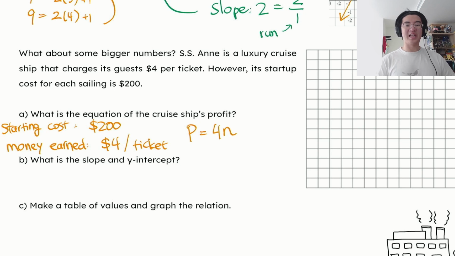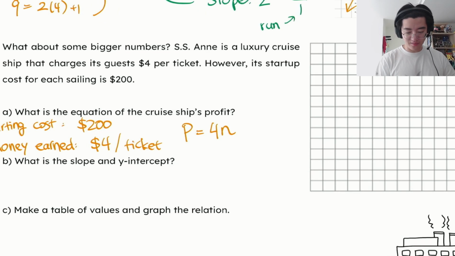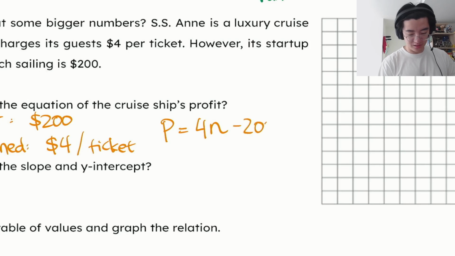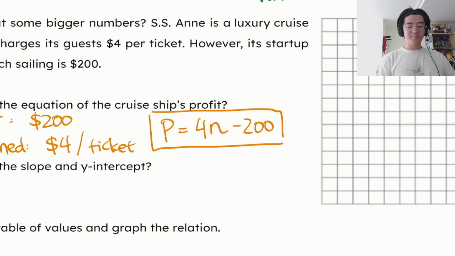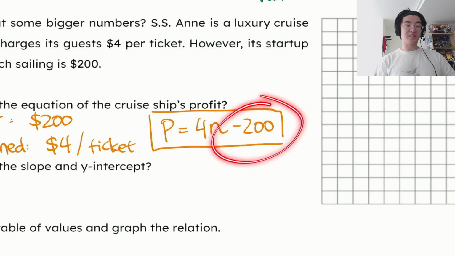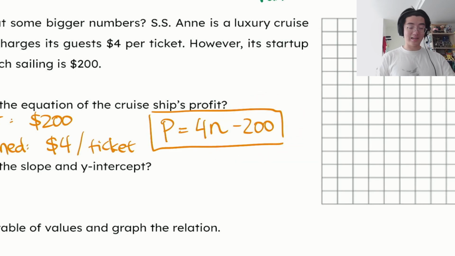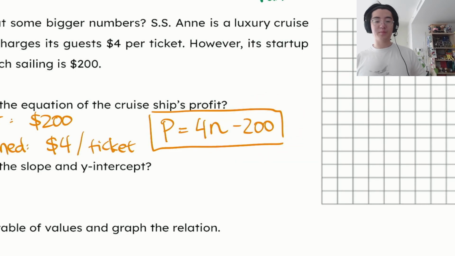Let's just say 4 times n, where n is the number of tickets. Right, but we have a starting cost. It costs us $200 to get this thing started. So our profit is 4n minus 200. Because yes, we're earning 4 times n money, but it costs 200 to run this whole thing. So we have to take that into consideration when we're working with profit.